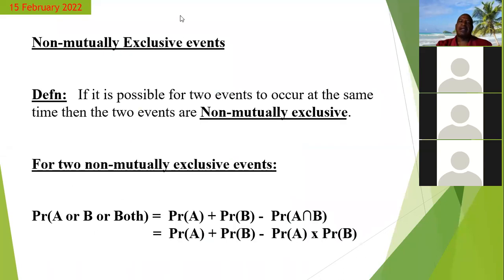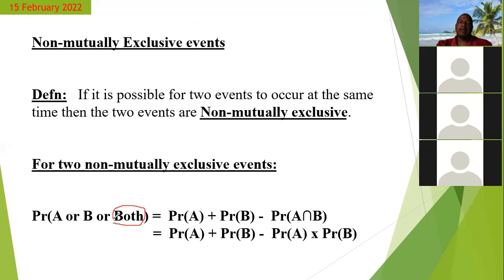Now, when we are calculating the probability of non-mutually exclusive events, we can have the probability of one or the other or both. This is what makes this different from mutually exclusive events. In a non-mutually exclusive event, you will have both.